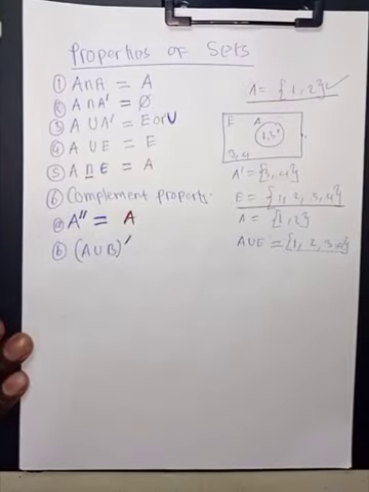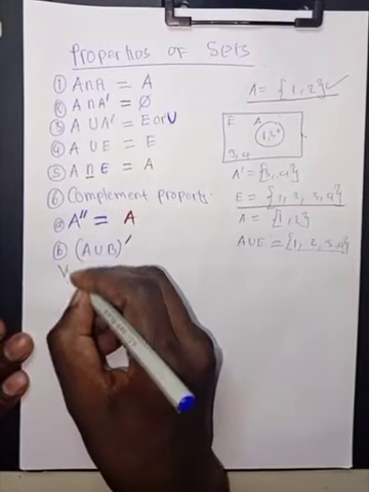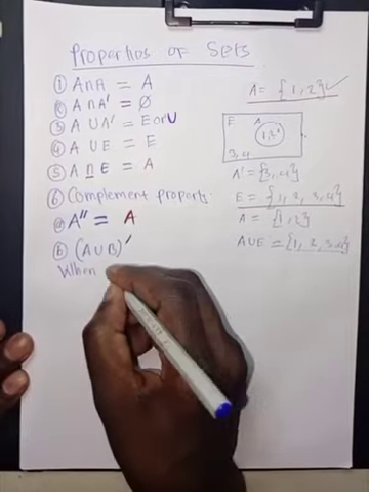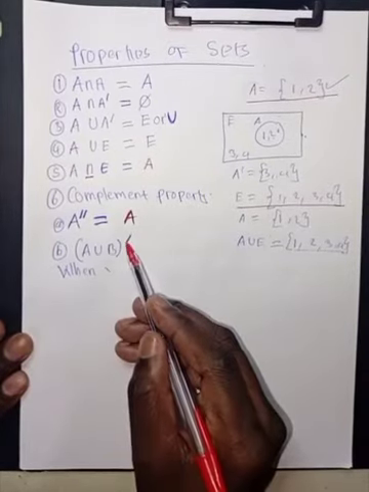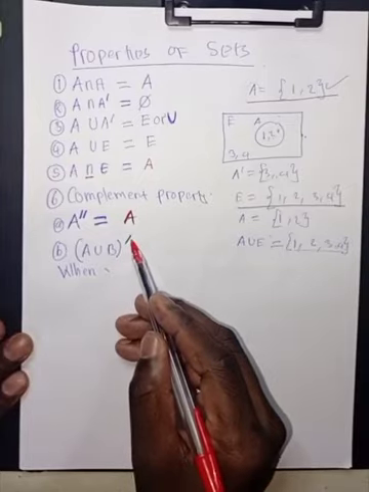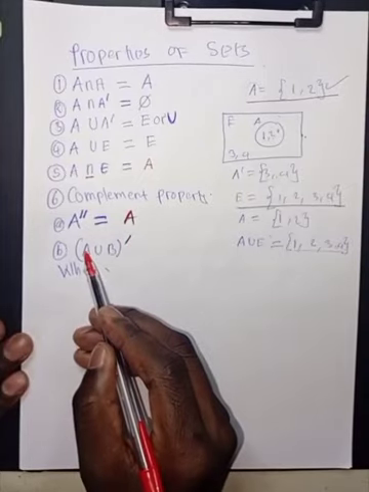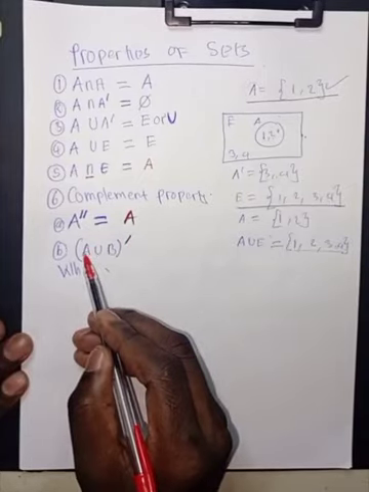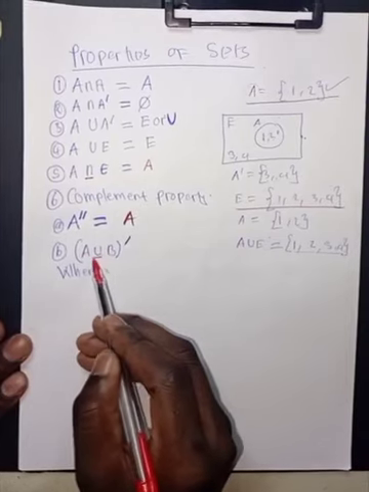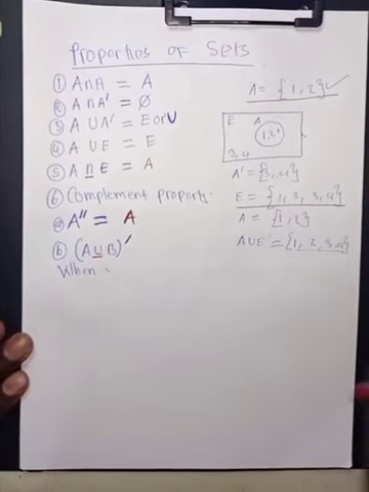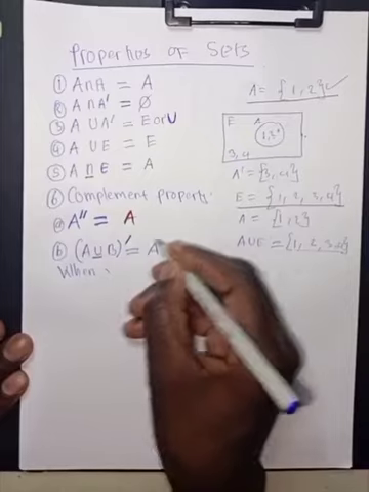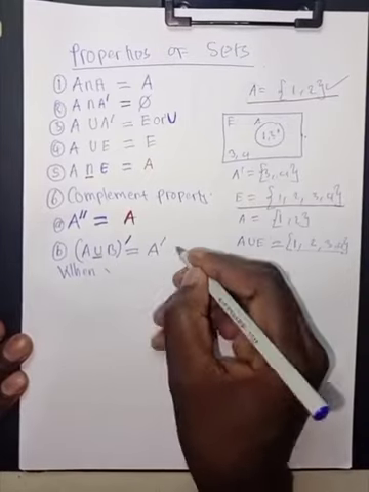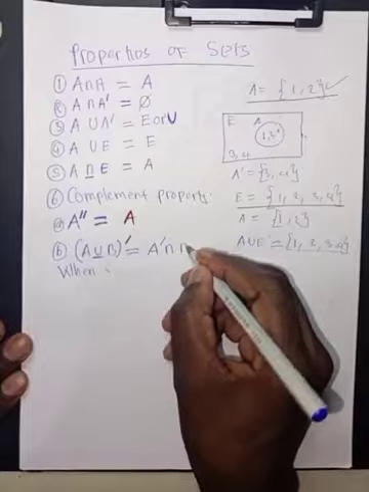When you distribute the complement which is outside the brackets to the individual sets inside the brackets, the sign in between changes. In this case, we have union, meaning it will become intersection: A complement intersection B complement.